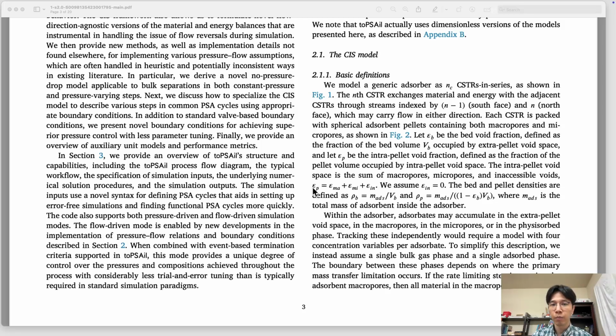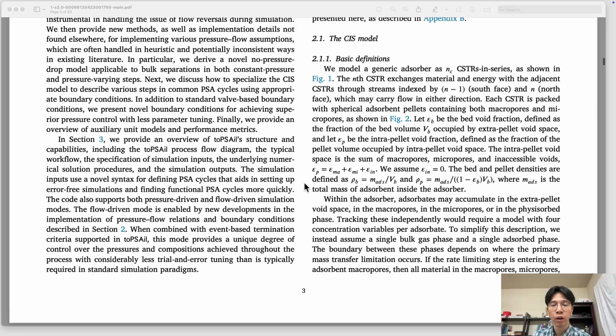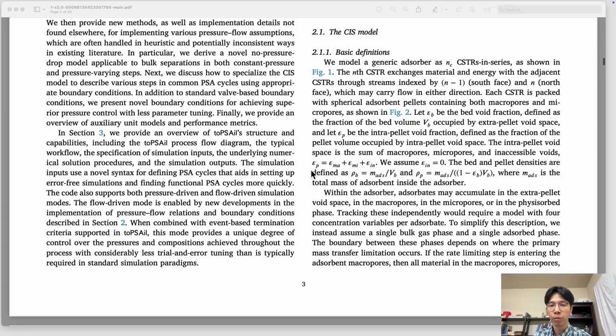But you can think about epsilon p as the combination of macropores and micropores, right? And inaccessible volumes, but for the sake of modeling purposes, we can assume that inaccessible volume is 0. So you can just combine the macropores, which means larger pores, and micropores, which means smaller pores. So we need to account for this internal porosity as well in our model.